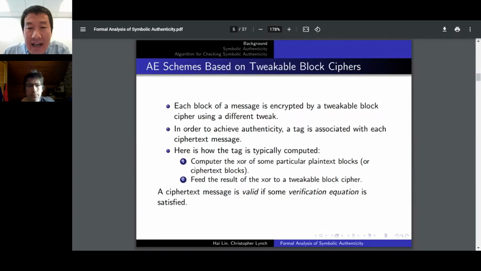And the tag is typically computed by taking the XOR of some plaintext blocks or some ciphertext blocks, and then you feed the result of the XOR to a tweakable block cipher. We say that a ciphertext message is valid if some verification equation is satisfied.